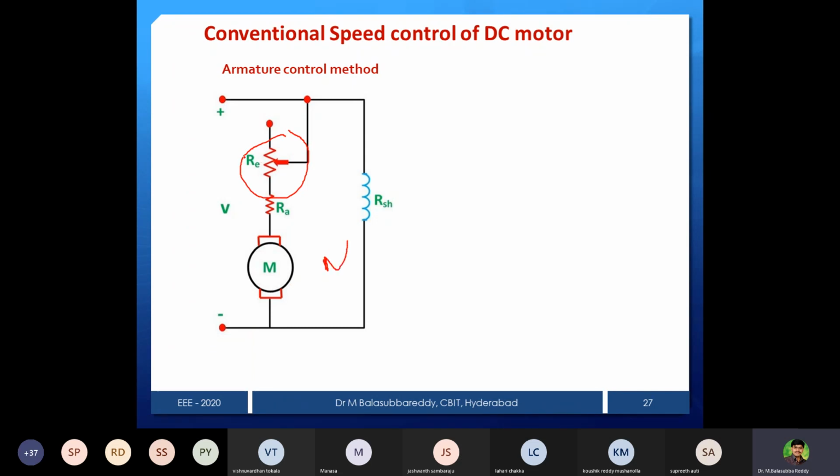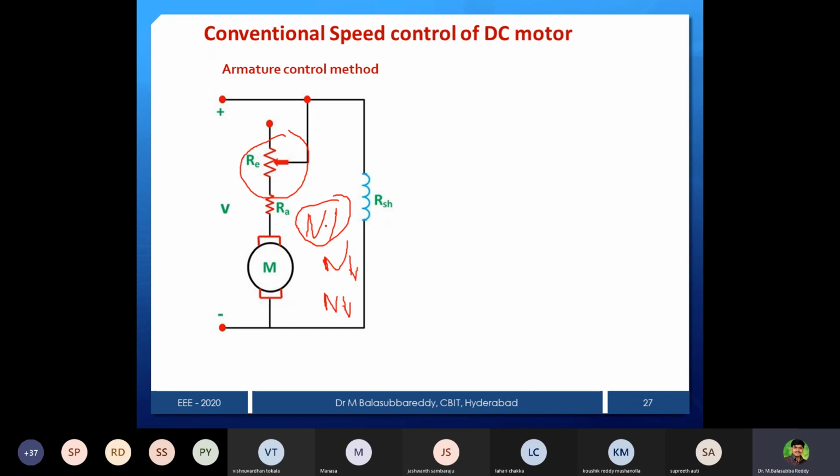Similarly, if you add more resistance, then speed decreases further. And what is the maximum speed I can get here? If you remove this rheostat completely, the maximum will be the same as the normal speed, the rated speed. This will get direct voltage because there is no resistor, so rated voltage is applied across the armature terminals, and you get the rated speed.